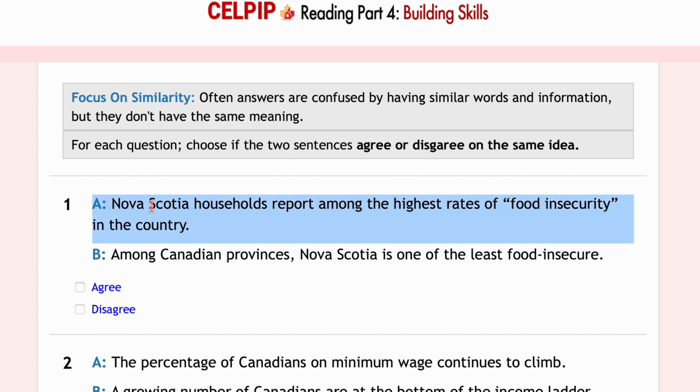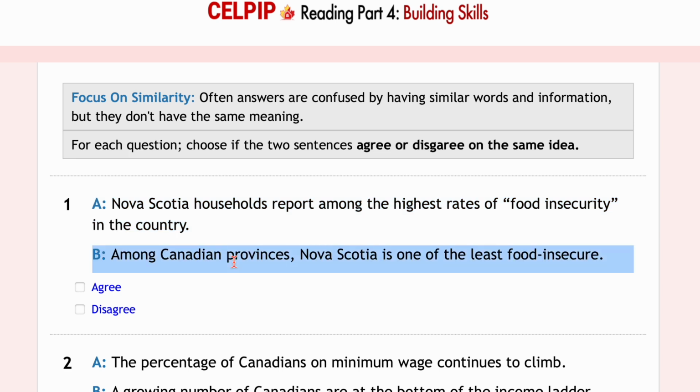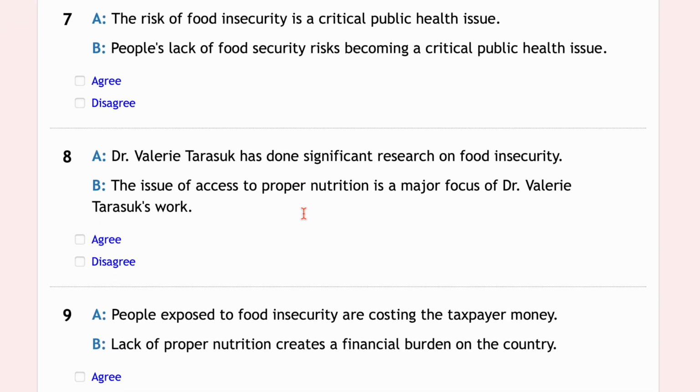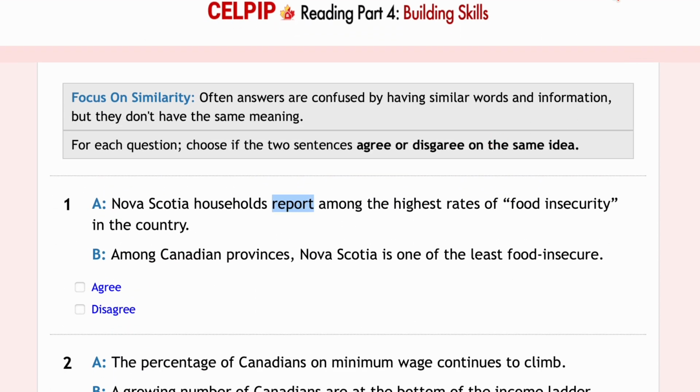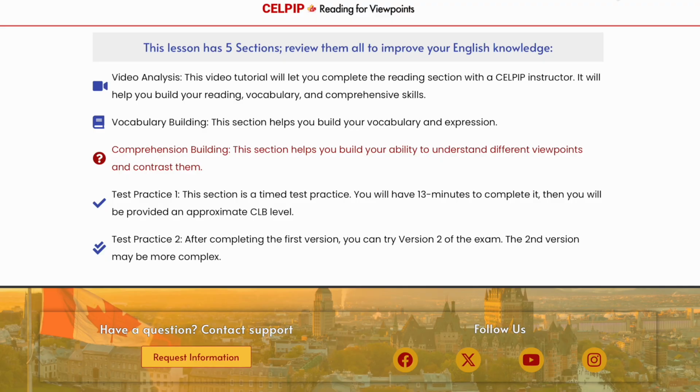So you read idea A, you read idea B, and then you have to try to say, do they agree or disagree with each other? It's a very good tool for helping you build your comprehension. Okay, everyone, I strongly recommend that kind of comprehension building exercise.